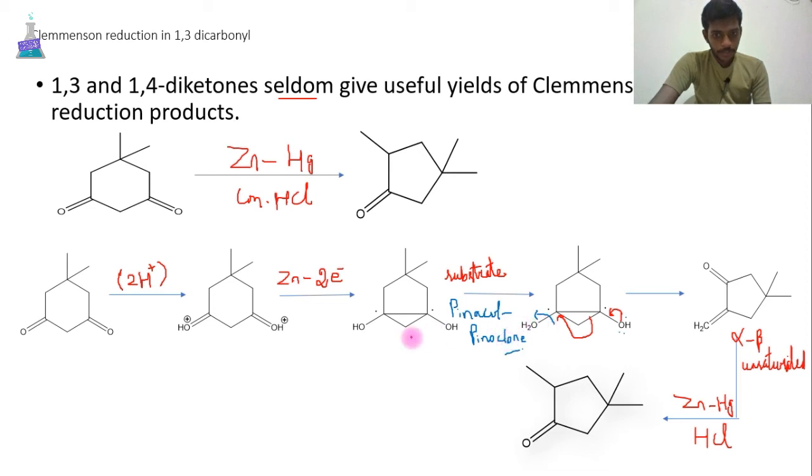Here the water molecule will be eliminated and this bond migrates over here, and this lone pair of electrons will shift over here, forming the double bond. Now this is the alpha beta unsaturated ketone, and if an alpha beta unsaturated ketone is present, only the double bond will be reduced and this will remain as it is, and thus the product of the 1,3-diketone using the Clemmensen reduction is obtained.